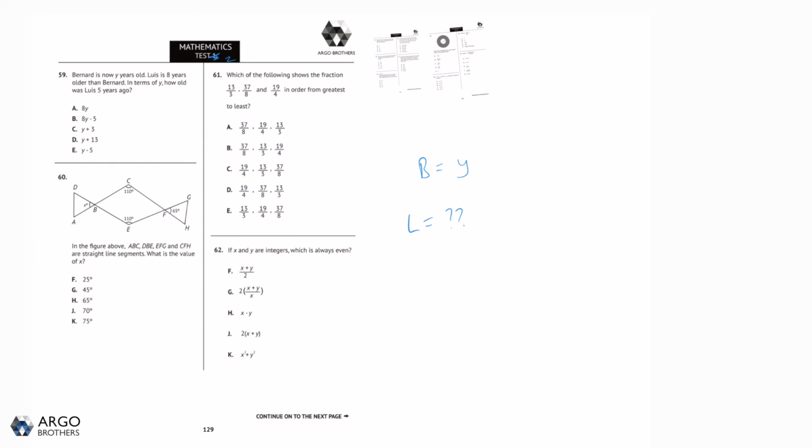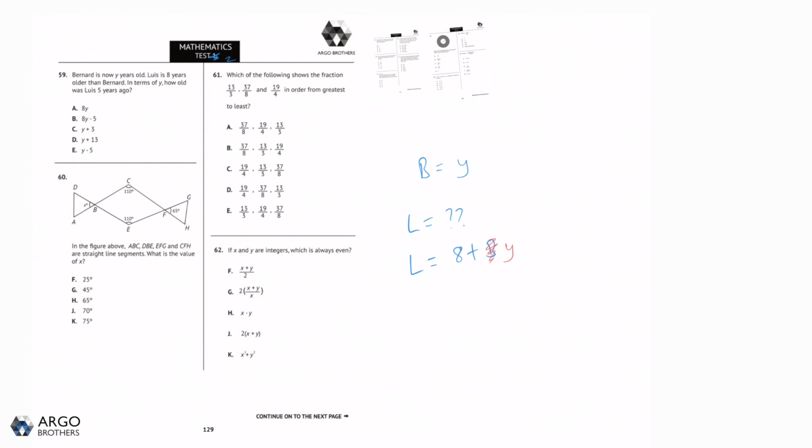So I'm going to say that L is equal to 8 plus B. But Bernard is now Y years old, so instead of B, I can just say 8 plus Y. So Louis is 8 plus Y. Now, it's saying in terms of Y, how old was Louis 5 years ago?